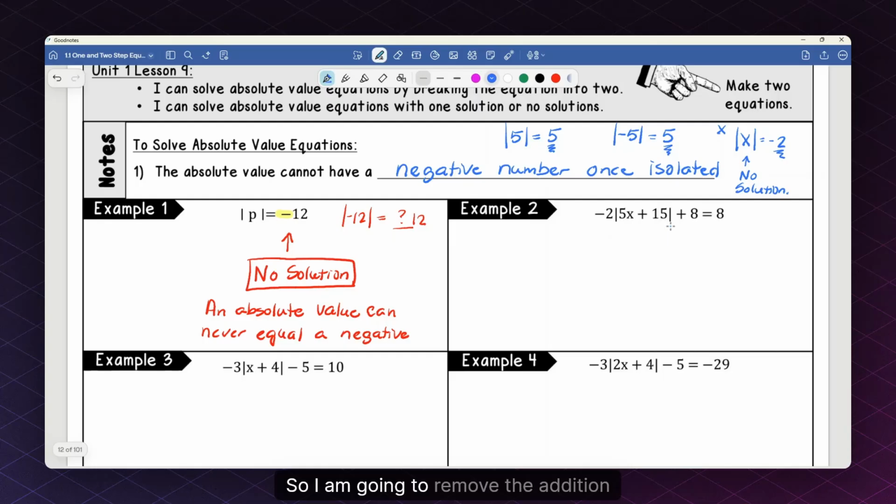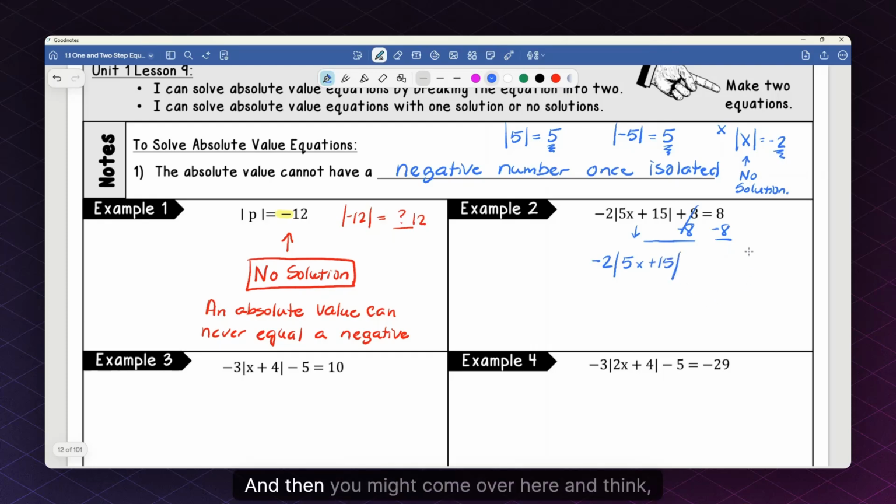I am going to remove the addition or subtraction part first, which is this positive 5. So I'm going to subtract 8 on both sides. Negative 8, negative 8, this is going to cancel. I bring this down here, and I've got negative 2 absolute value of 5x plus 15.